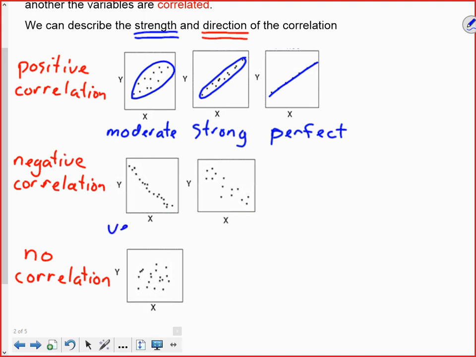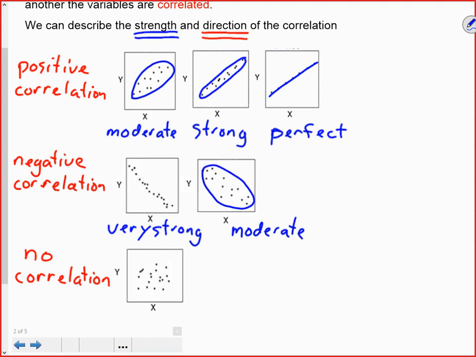It's probably a very strong negative correlation, whereas the one beside it is more like a moderately strong negative correlation, because again, there's a little bit more spread in the data. And of course, if there's no correlation, we can't describe the strength of it because the strength of it is just 0.